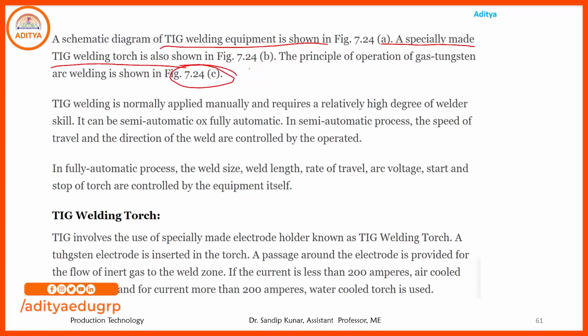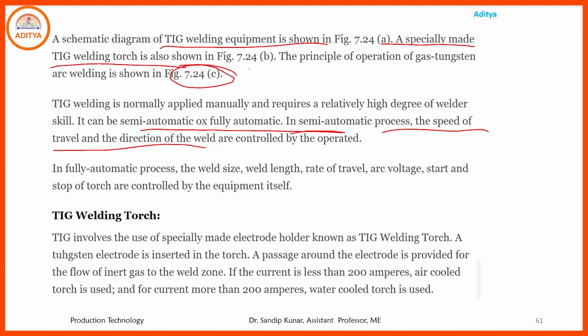Now in these welding operations, a high degree of welder skill is required. It is a semi-automatic or fully automatic process. In the semi-automatic process, the travel speed and direction of the weld are generally controlled by the operator, meaning the welding direction and speed of welding are controlled by the operator.